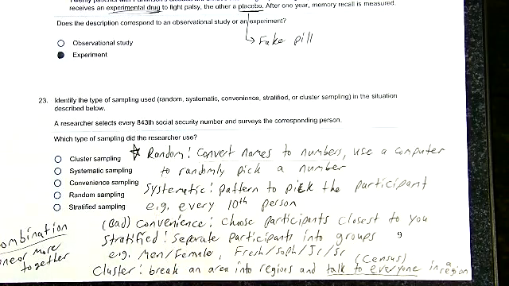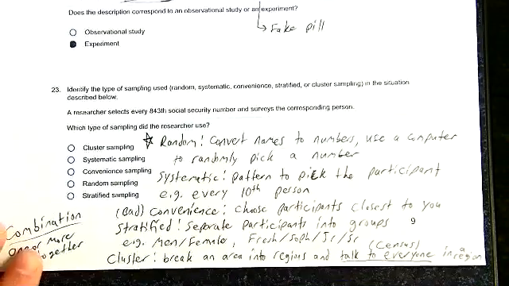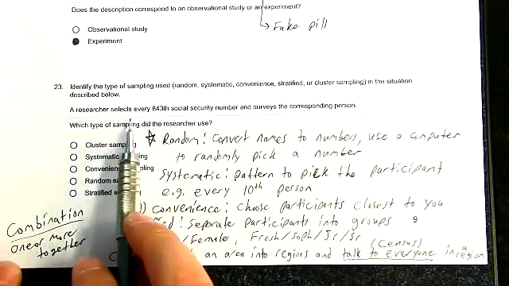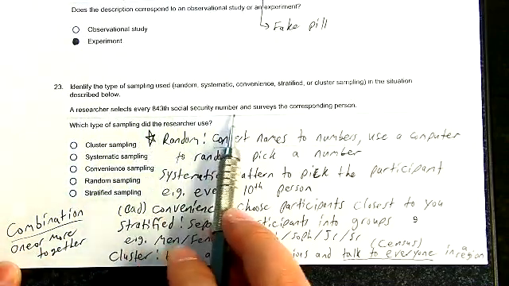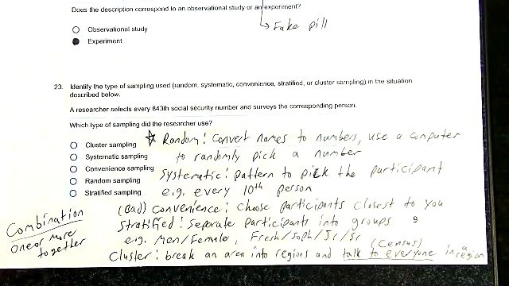Okay, so let's see what this first one, what they did. They said a researcher selects every 843rd Social Security number and surveys the corresponding person. So they've got a list of millions and millions of Social Security numbers, and they have the computer just highlight every 843rd.